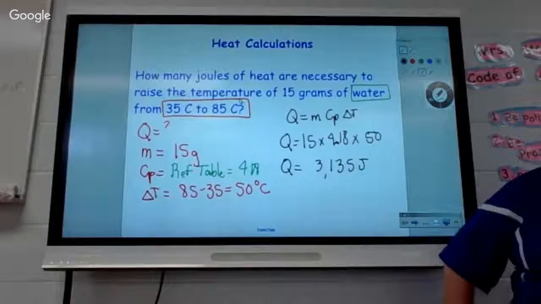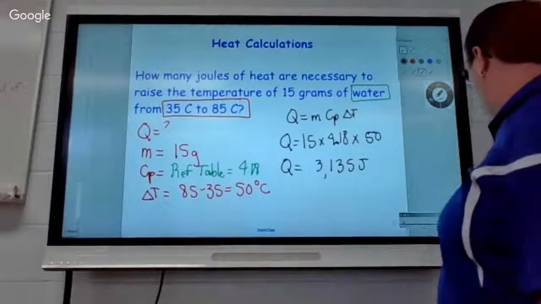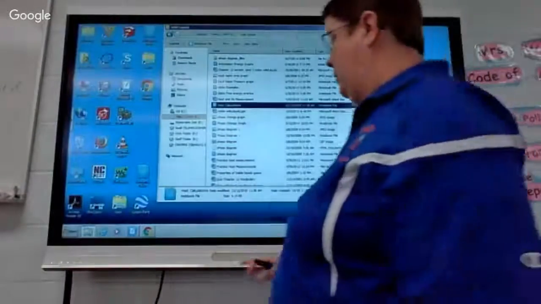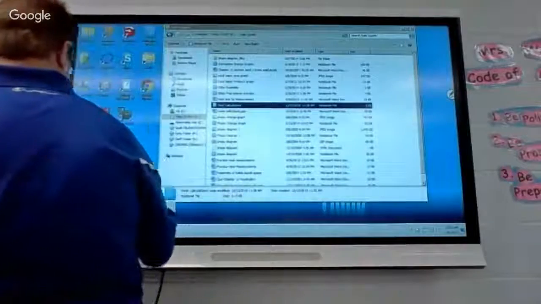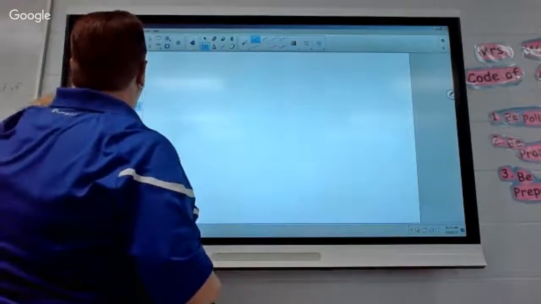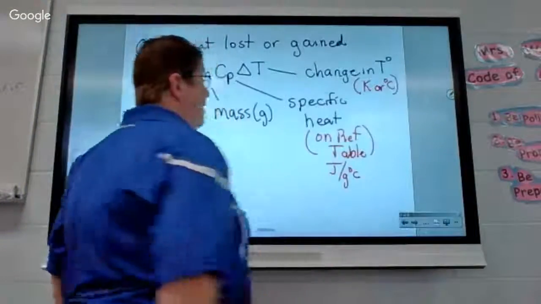All right, questions. All right, so let's talk about the new formulas. Okay? The new formulas we're going to learn today go with this graph.